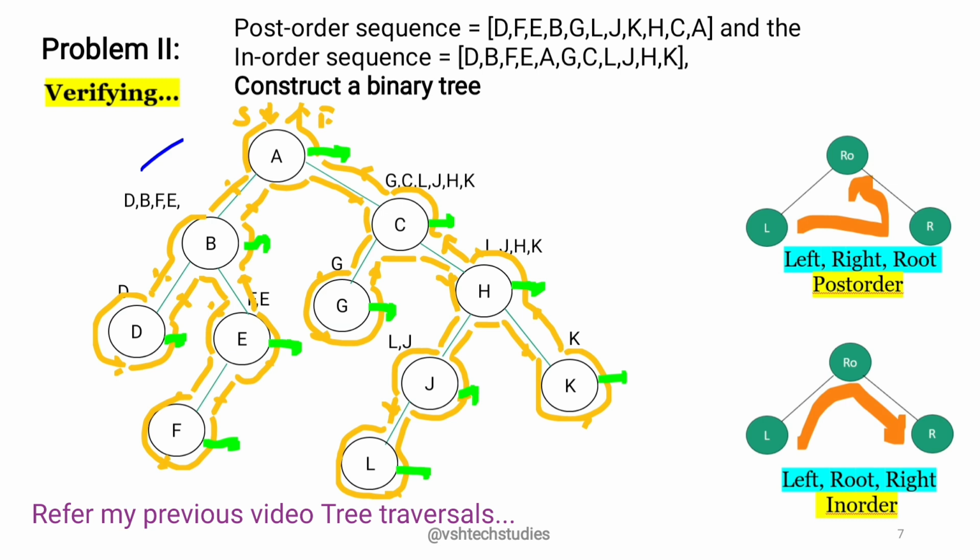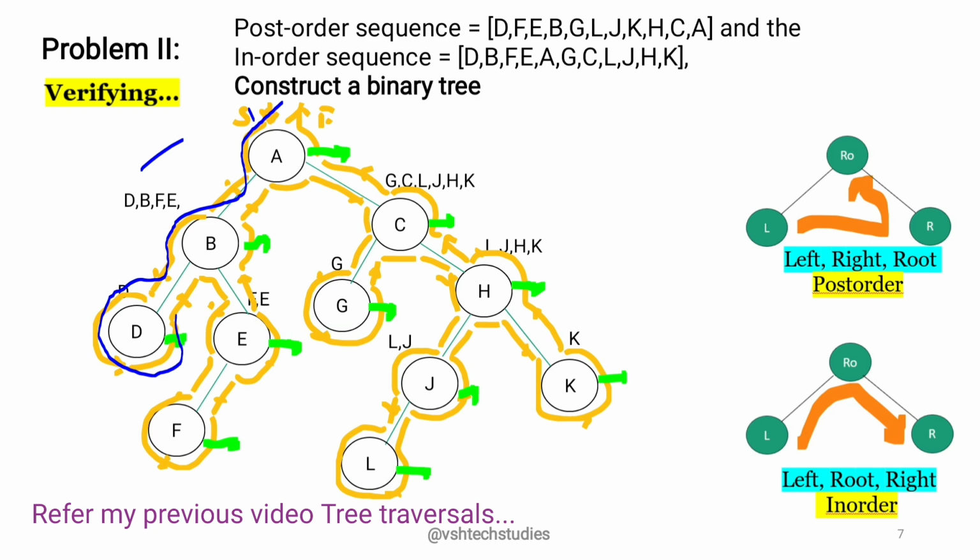Here the binary tree is constructed. Following the procedure, first let us find out the post-order sequence. From the starting point, if we move in this yellow direction, where is it cutting the green right arrows?